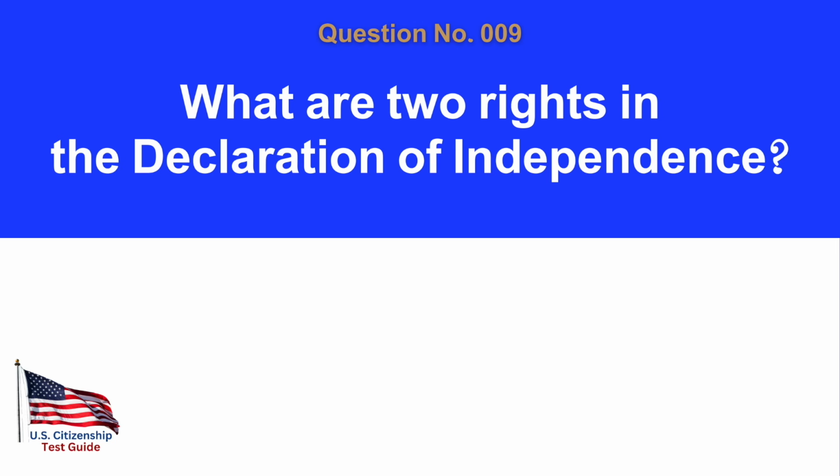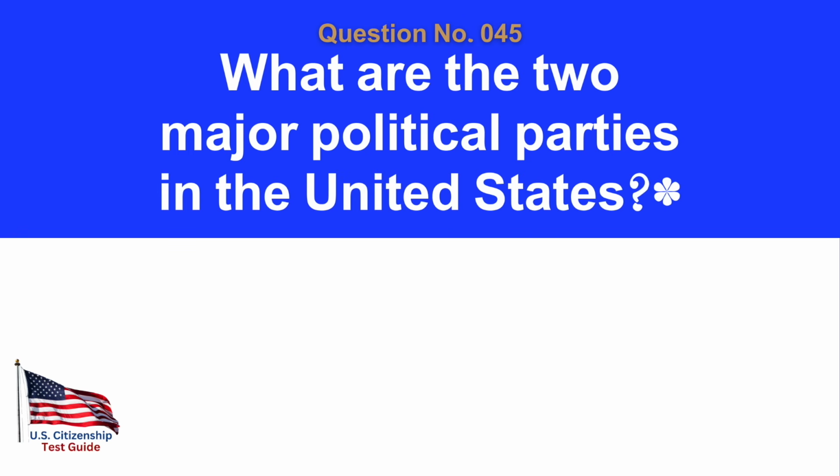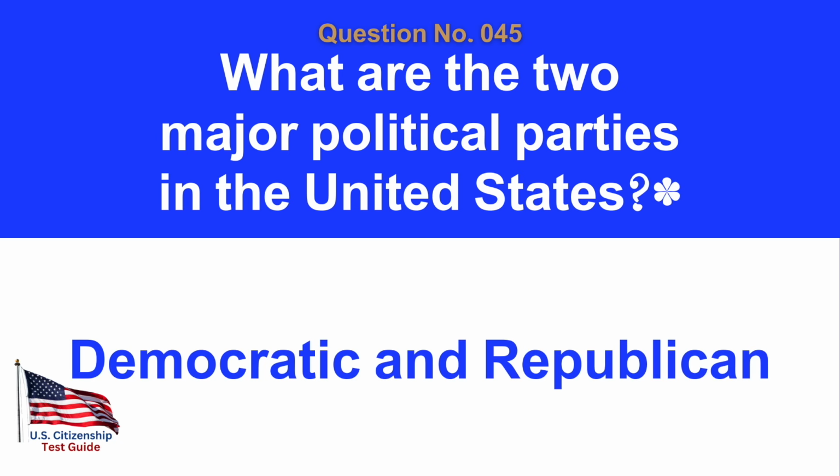What are two rights in the Declaration of Independence? Life, liberty. What are the two major political parties in the United States? Democratic and Republican.